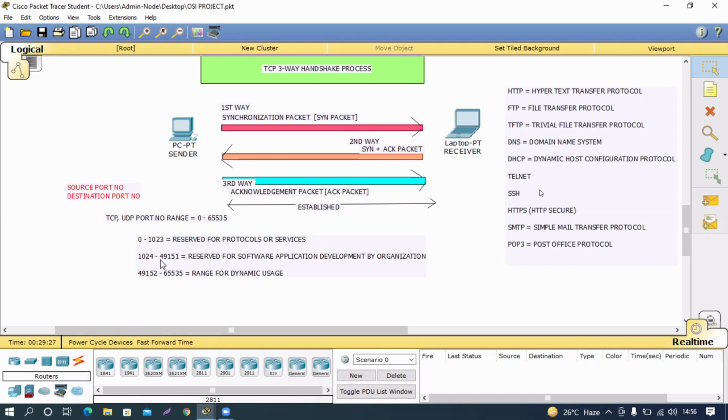The source port number always comes from this range. So when you send a request, your source port number always lies in this range, and your destination port number lies either in this range or this range. When you are generating a request, you are always using a number from this range.